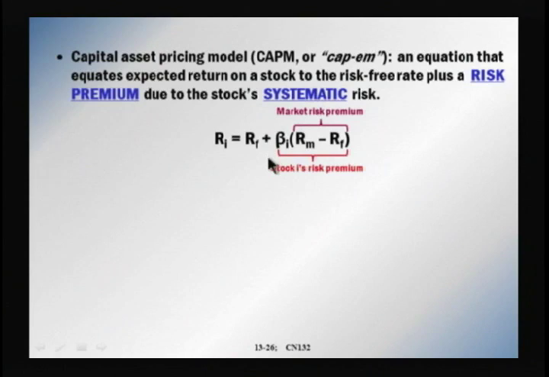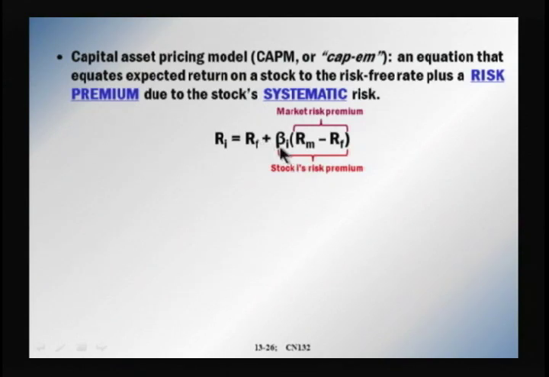And this whole last portion to the right of the plus sign is the risk premium for stock I. Stock I is the stock whose return we're trying to measure or forecast using the capital asset pricing model. So the risk premium for stock I is everything to the right of the plus sign.